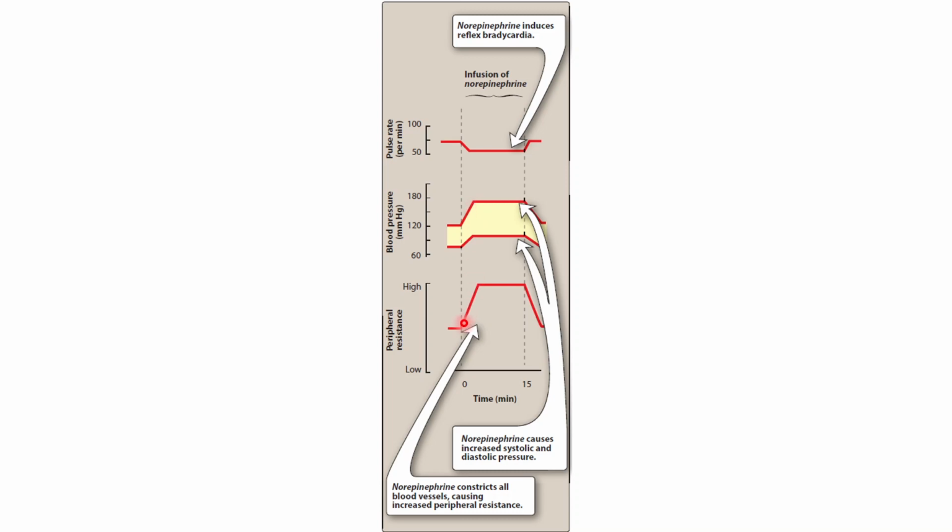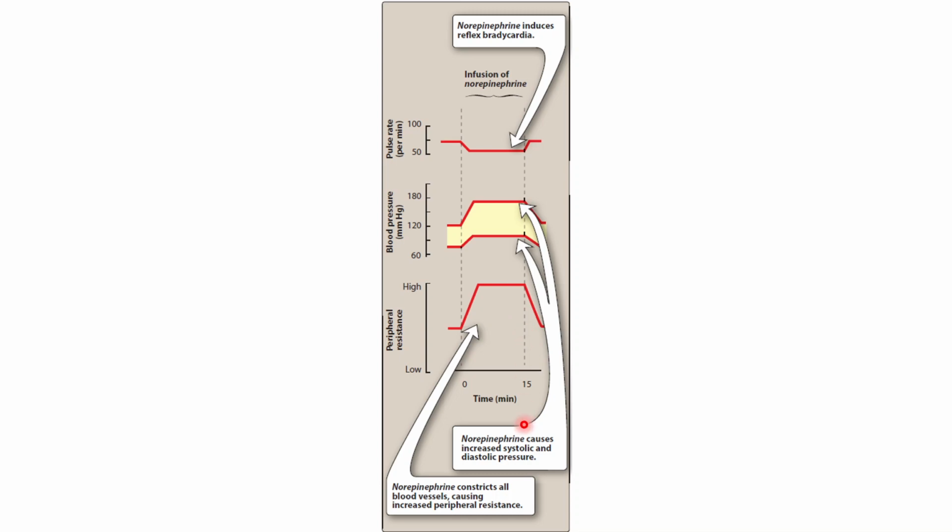But as far as you remember, the peripheral resistance is mostly done by the small vessels like the capillaries, arterioles, and these small vessels will also contract, so that is why the peripheral resistance will increase.